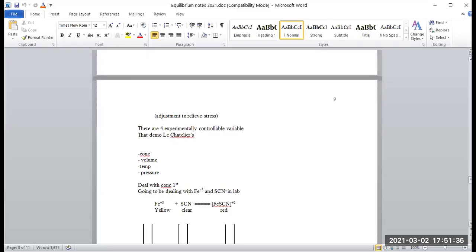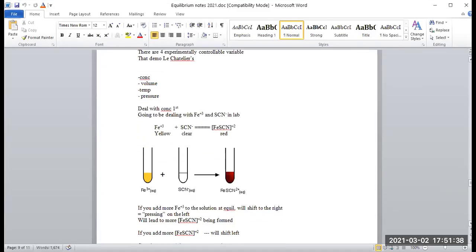All right, let's go back to the notes. In chemistry, stresses usually imply concentration, volume, temperature, or pressure.